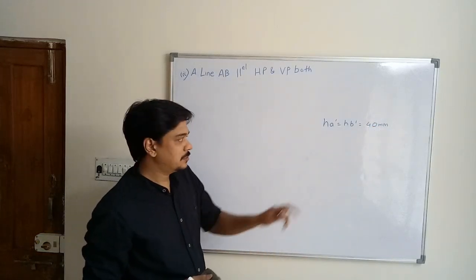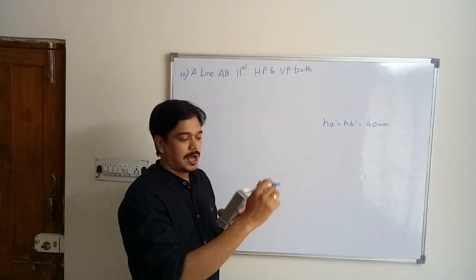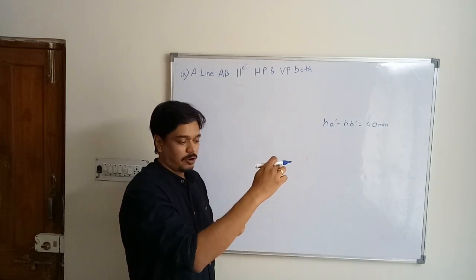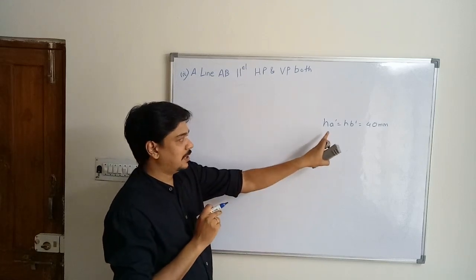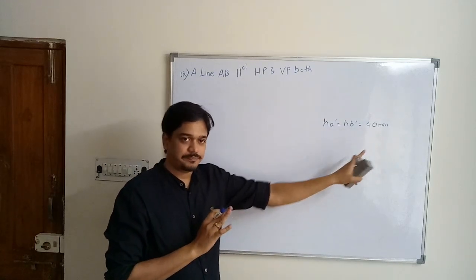Why is it parallel? Because both the heights are the same. The height of point A from the horizontal plane, and similarly the height of point B from the horizontal plane, is 40. So that's why I have written 40 over here.